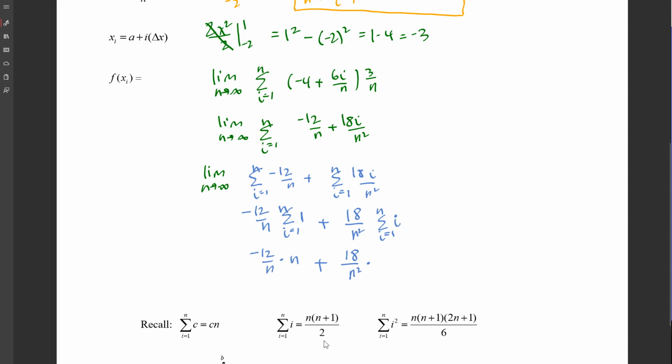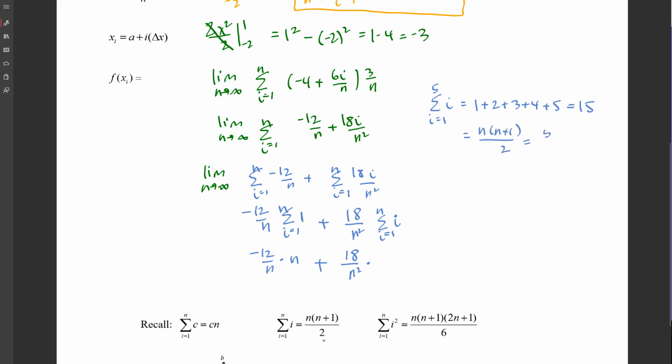And what does that mean? That means if I have the summation of i from i equals 1 to, say, 5, this is equal to 1 plus 2 plus 3 plus 4 plus 5. Okay, there are 5 terms. This would be equal to 15, okay? But another way to do this without adding every single number together is to know this formula, n times n plus 1 over 2.